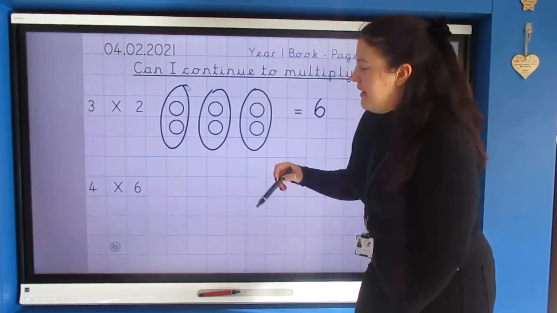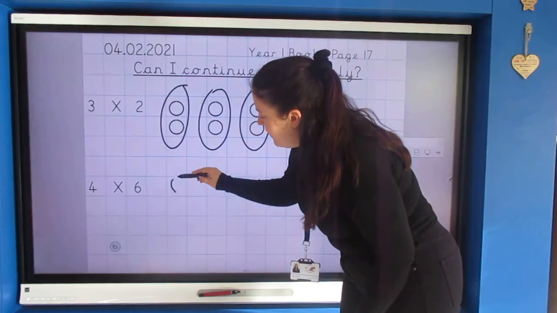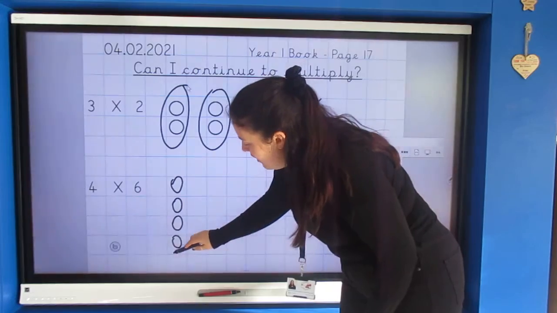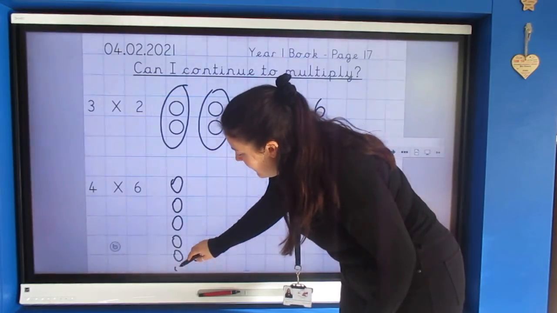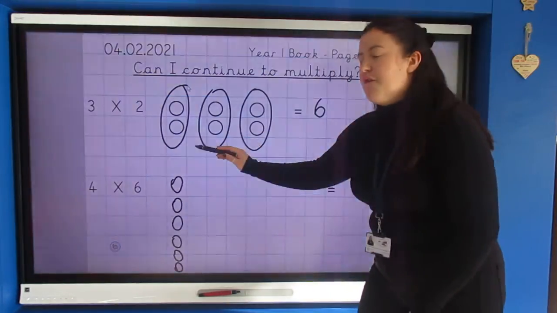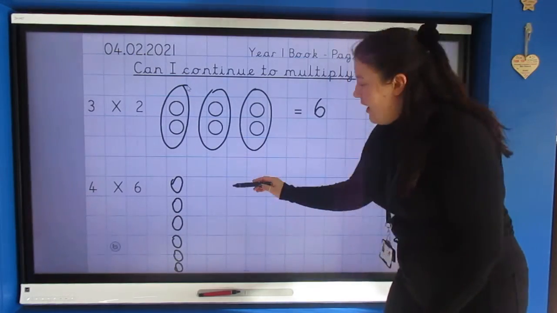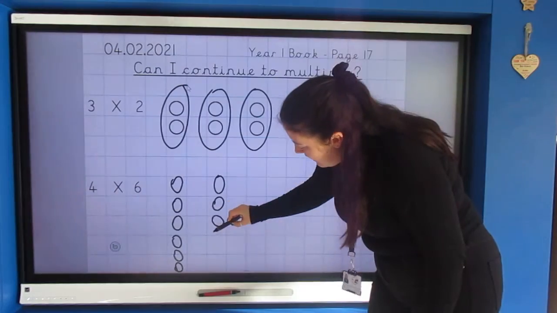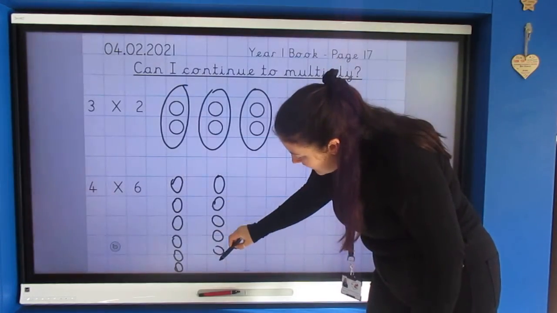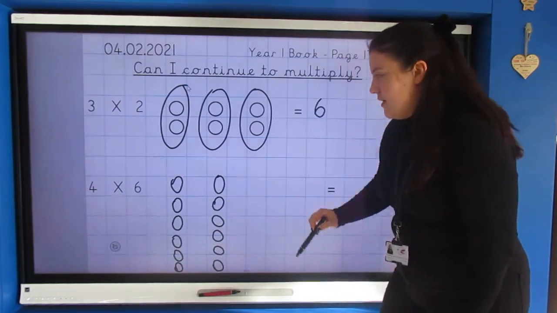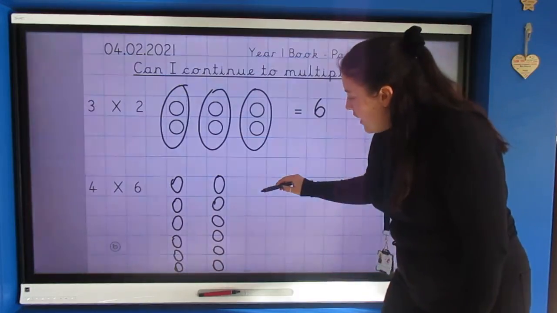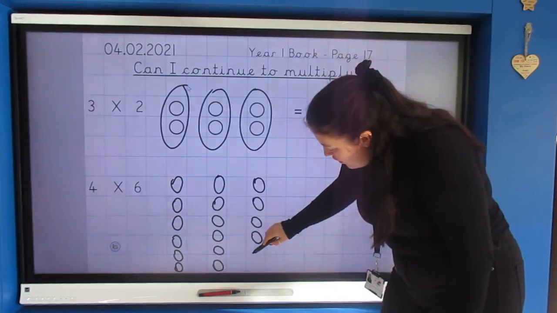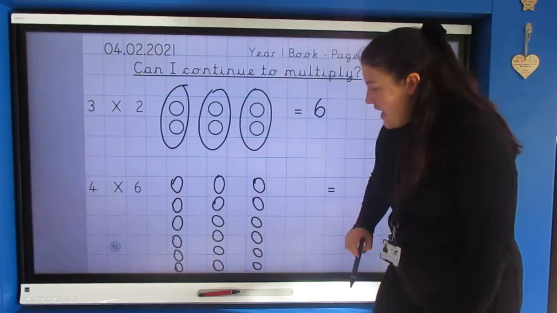This is lots of counting, okay? 1, 2, 3, 4, 5, 6. That's my first lot, so I've got to draw another lot now. 1, 2, 3, 4, 5, 6. 2 lots. Third lot. 1, 2, 3, 4, 5, 6.